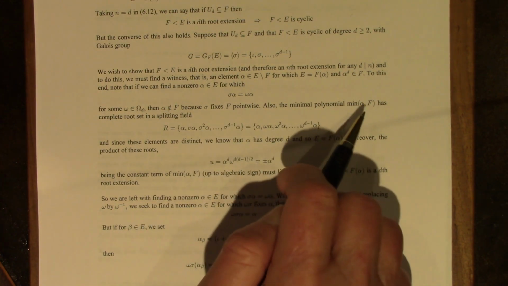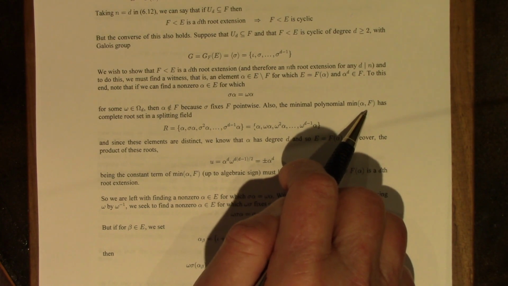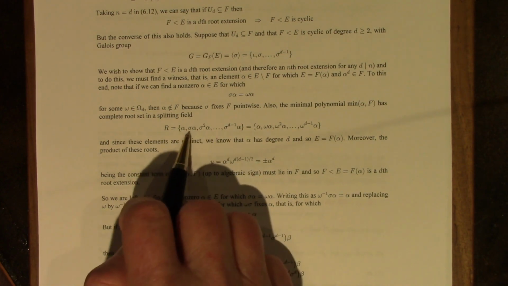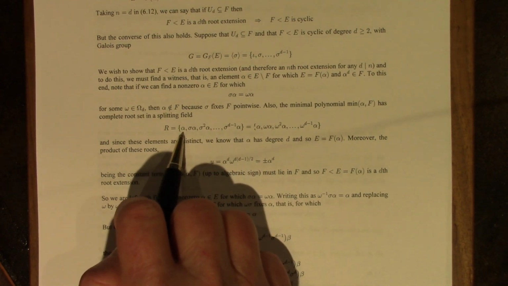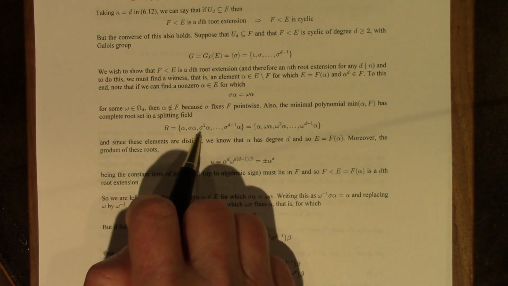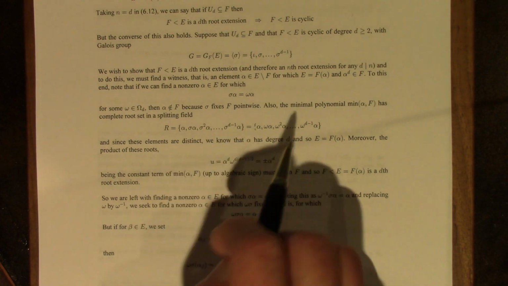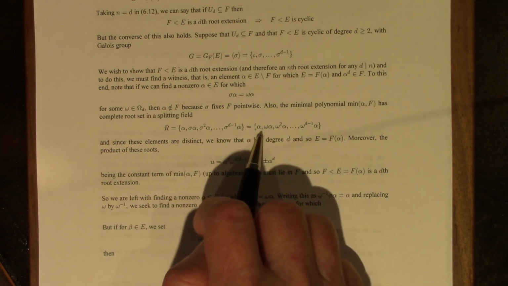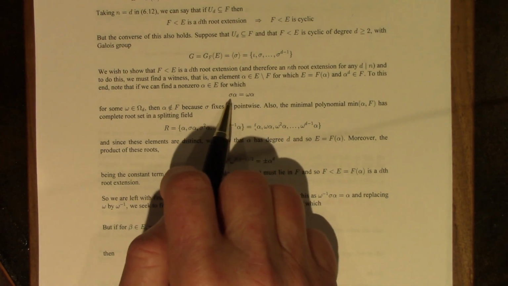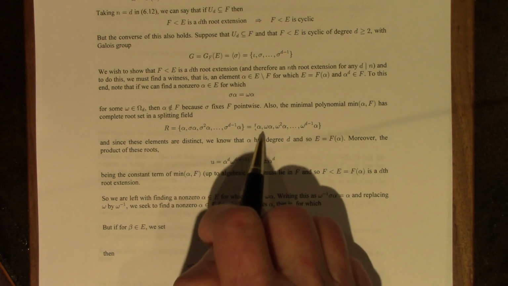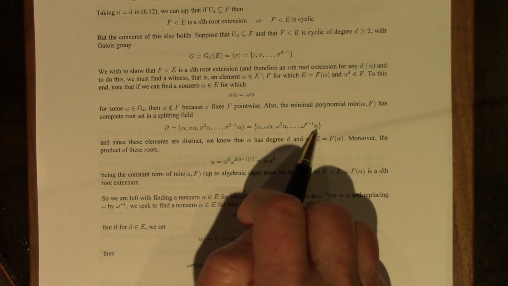Also, the minimal polynomial has a complete root set in the splitting field, and it looks like this. You apply alpha as a root, and then you apply the elements of the Galois group to get the other roots, and because we found an alpha for which sigma alpha is omega alpha, the roots look like this.